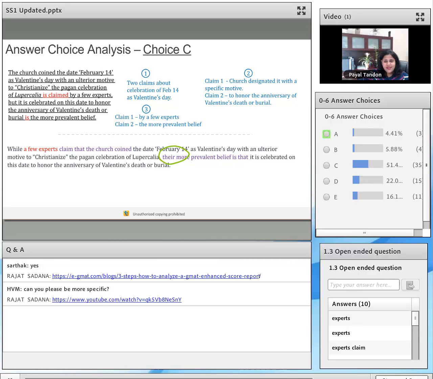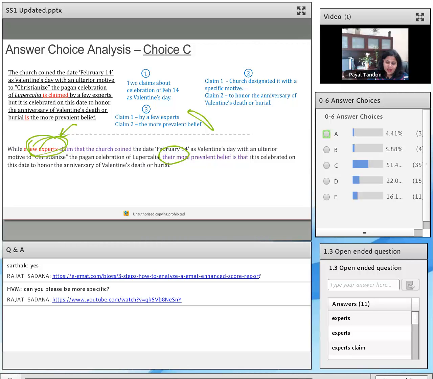So now what choice C is telling me is that both the claims are by these few experts. That is why this sentence is wrong. There refers to the few experts, not just the experts, the few experts.